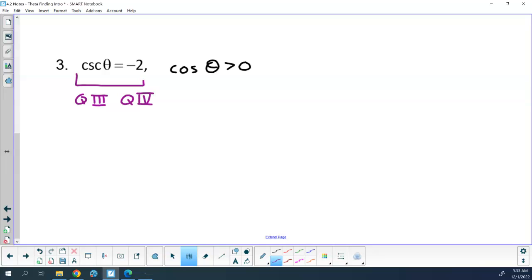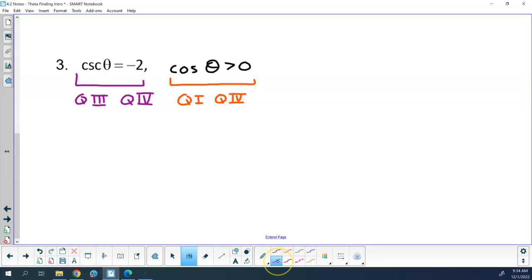Where is cosine positive? 4 and 1. So what quadrant is my angle going to be in? Quadrant 4, because it shows up in both conditions. So I'm looking in quadrant 4.